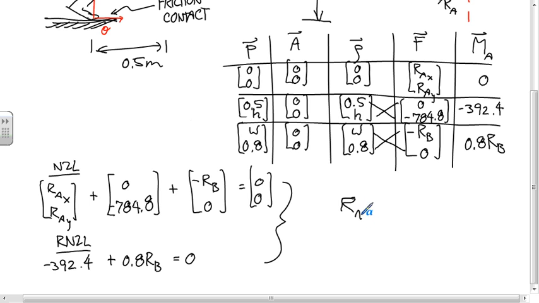RA is the vector 490.5, 784.8, and RB is 490.5.